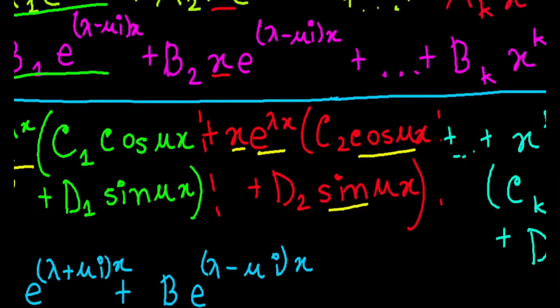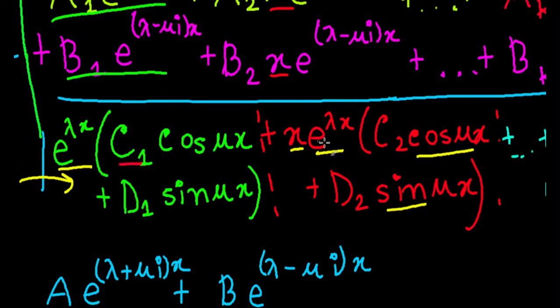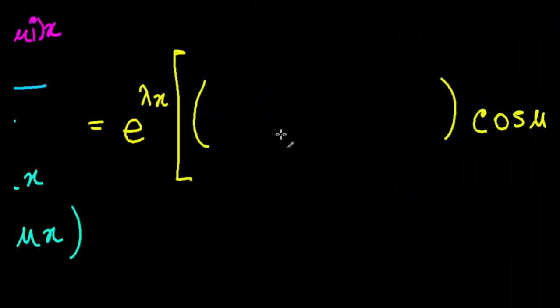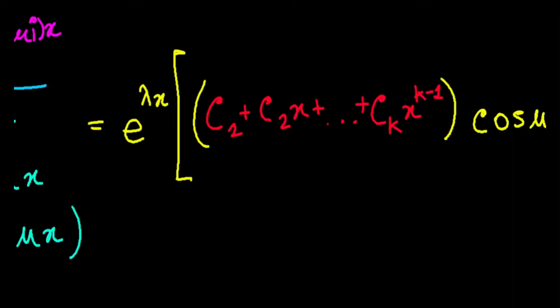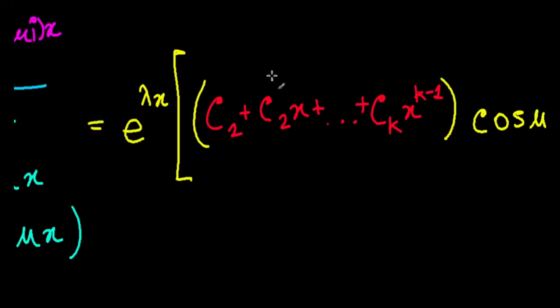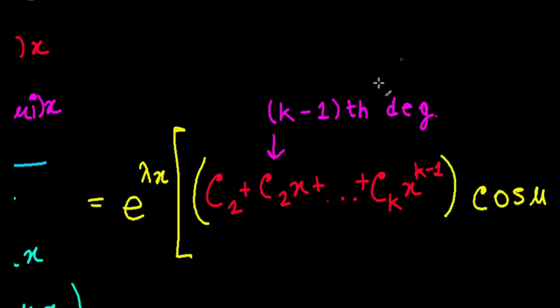Other than the exponential, with this one it's c1, this one it's c2 times x, so c2x, and this goes all the way up to c sub k, which is multiplied by x to the power k minus 1. So what we have here is c sub 1 plus c sub 2 x, all the way up to c sub k multiplied by x to the power k minus 1. This is basically something that we did a while ago. This is basically a general (k minus 1)th degree polynomial in x. So that's one good way to remember this.